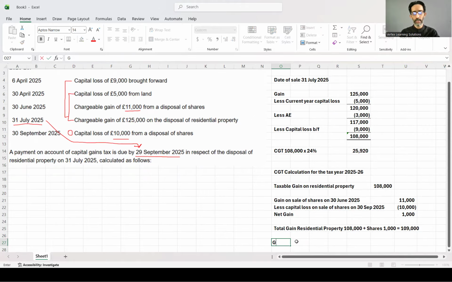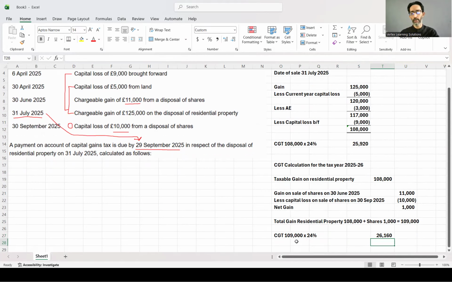The CGT will be 109,000 multiplied by 24%. So we calculate this value as 109,000 into 24%, which is 26,160.